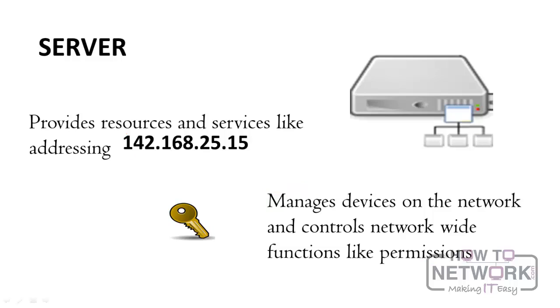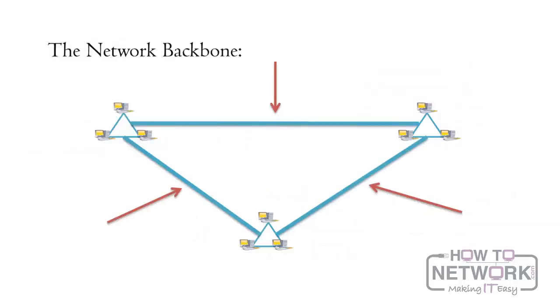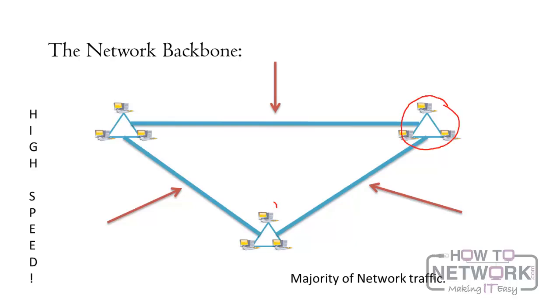Before we do that, let's talk about the network backbone. Okay. The network backbone is responsible for carrying the majority of network traffic, and it works at very, very high speed. Now, it might use different technology on the backbone that's different from the rest of the network, because it basically connects all the smaller networks together.